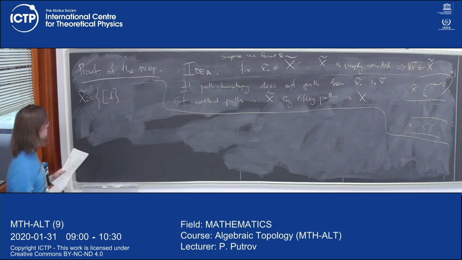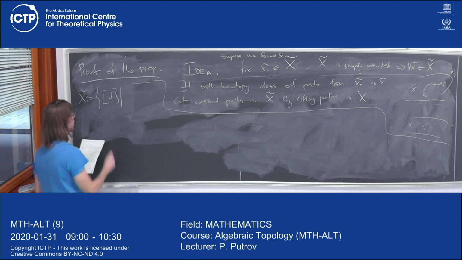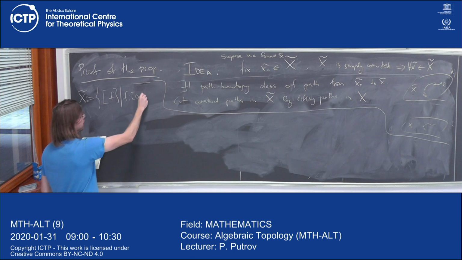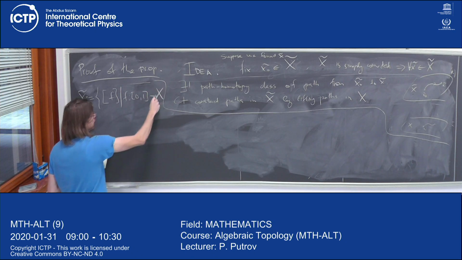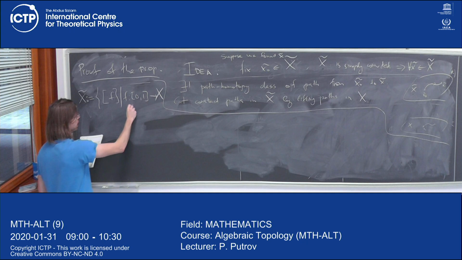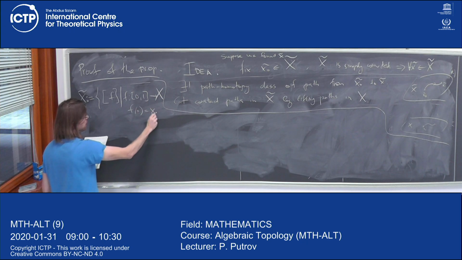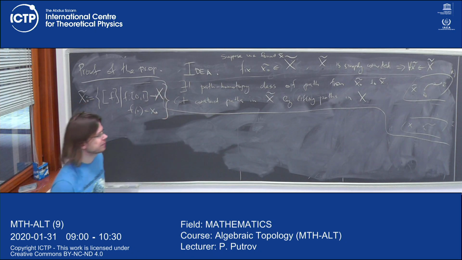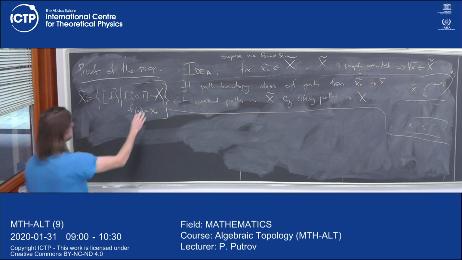Let me define X tilde as the set of path homotopy classes of paths f in X such that they start at x0 and end somewhere.